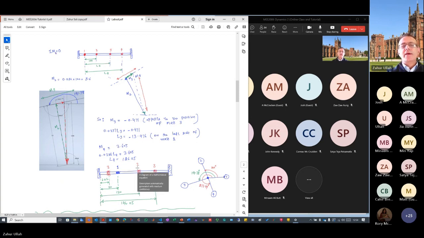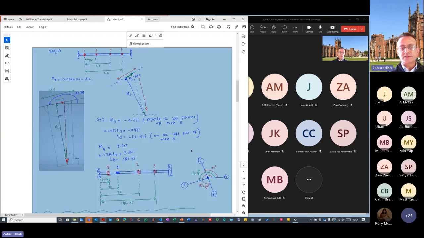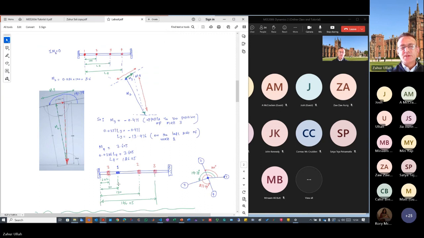So if you calculate this L3, this is basically negative, because it's opposite to the moment. So this means that L3 is negative. If you calculate L3 here, L3 is something like minus 13 point something. So L3 is from here to here, because we assumed that it was here, but it's basically here.